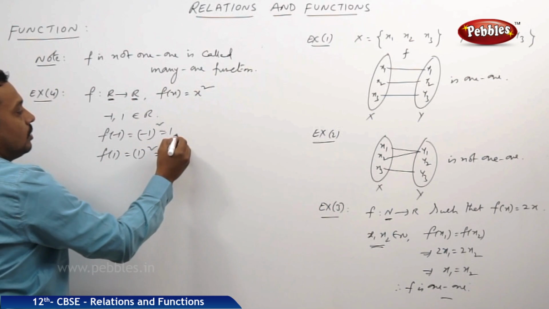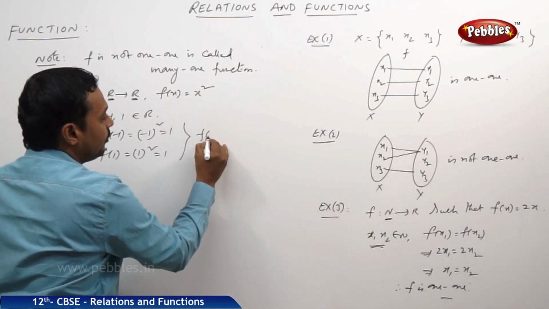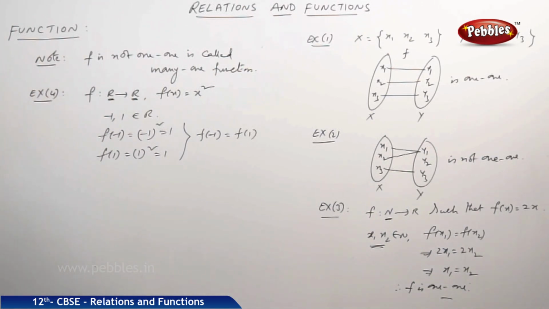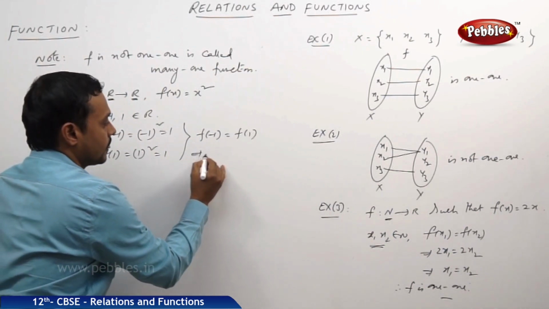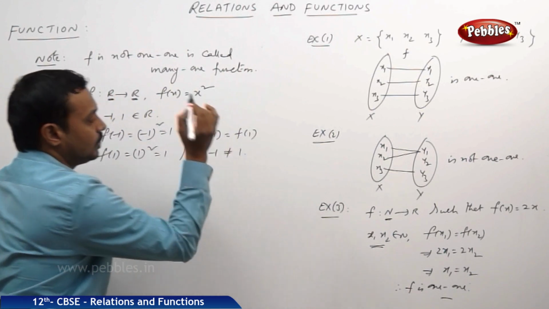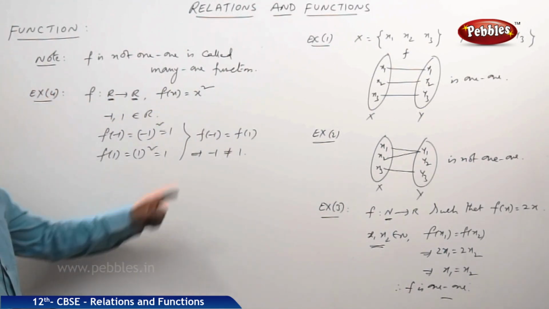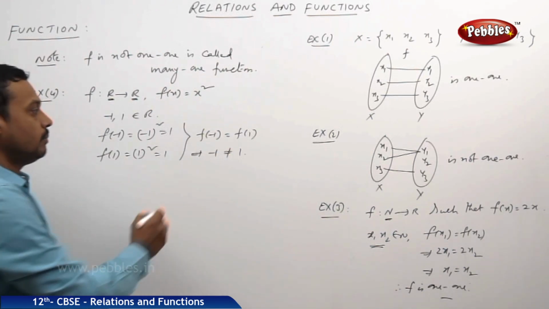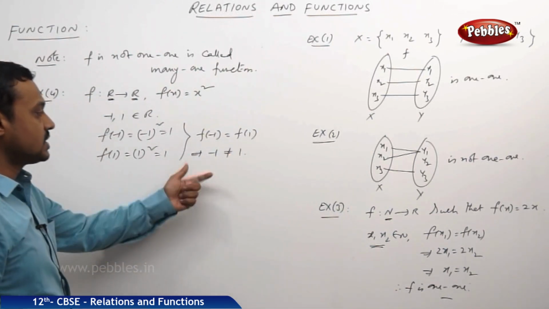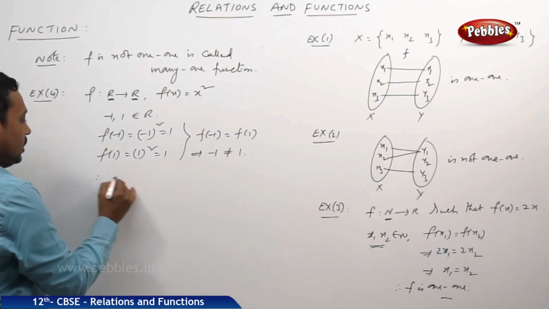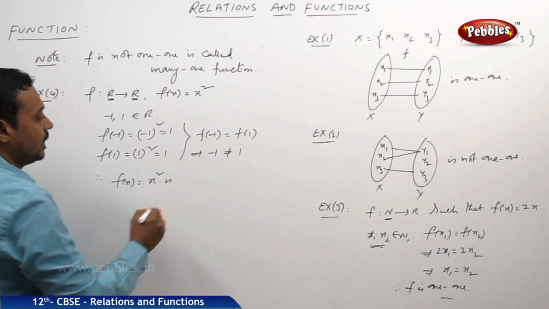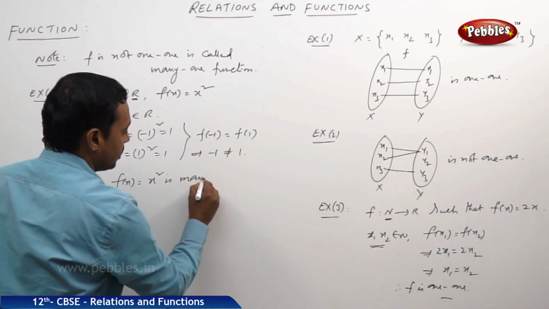So f of 1 and f of -1 are both the same. F of -1 is equal to f of 1, but -1 is not equal to 1 here. When f of x1 is equal to f of x2 implies x1 is equal to x2, then f is called 1-1, but that condition is not satisfied here. So f of x is equal to x square is not 1-1, hence it is a many-one function.